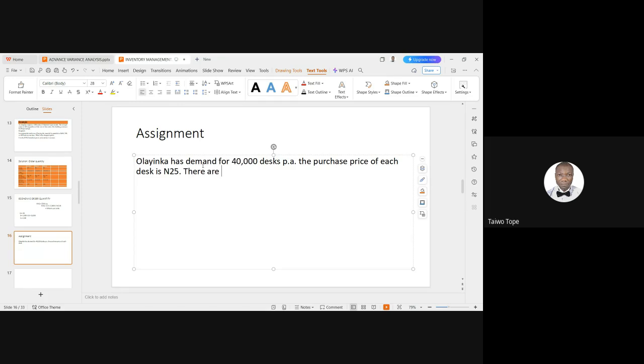There are ordering costs of 20 naira for each order placed.